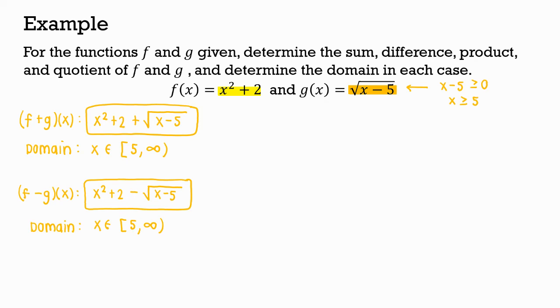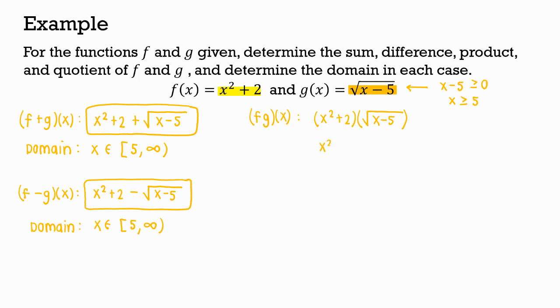Now if I move over to the product, if I'm thinking of f times g of x, that means that I'm taking my f of x function, which is x squared plus 2, and I'm multiplying it by the g of x function, which is the square root of x minus 5. I'm going to go ahead and distribute this out.